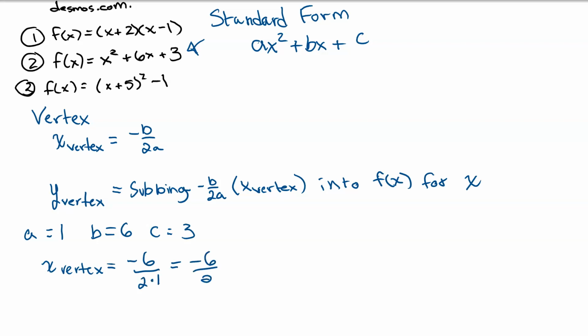Negative 6 divided by 2 is negative 3. Our y-coordinate of the vertex we get by substituting that value into our equation, so we can do f of negative 3. So instead of x in our equation, I'm going to now have negative 3.